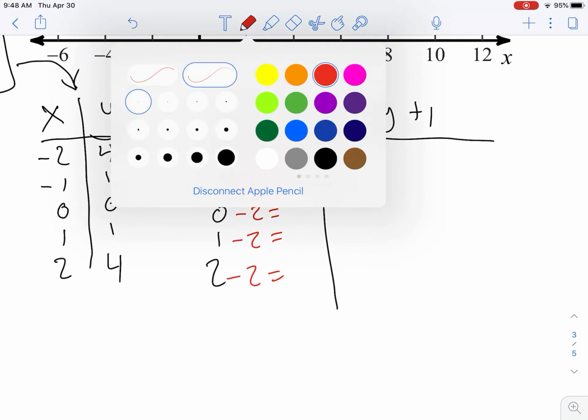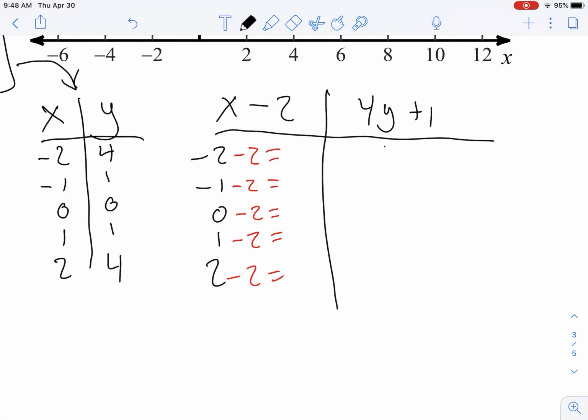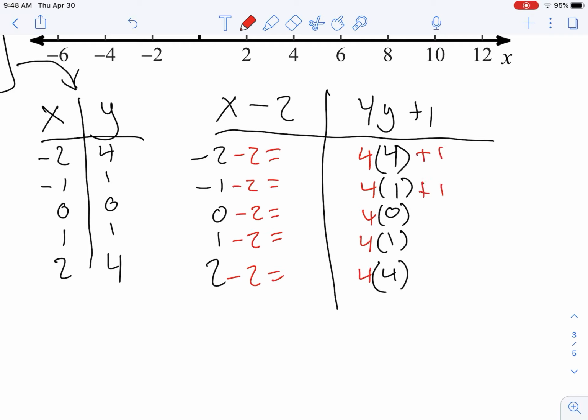My y values are 4, 1, 0, 1, and 4. Those are all going to be multiplied by 4, and then we're adding 1.